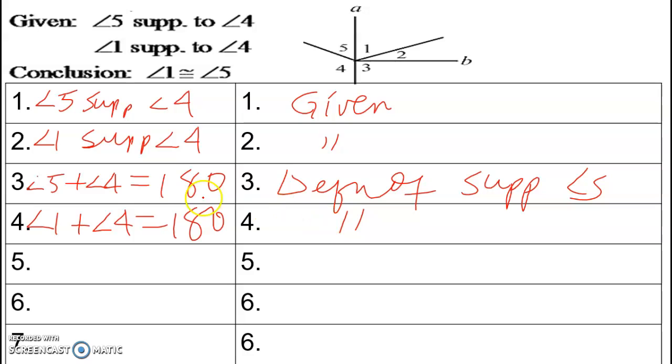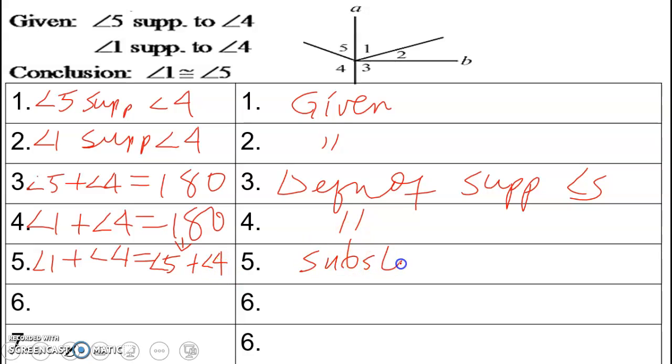And so if we substitute, we can keep angle 1 plus angle 4 here, and then we substitute angle 5 plus angle 4 for 180 here, because they are equal. So angle 1 plus angle 4 equals angle 5 plus angle 4. That's by substitution. We substituted angle 5 plus angle 4 in place of 180. So the left side of the equation is still the same.